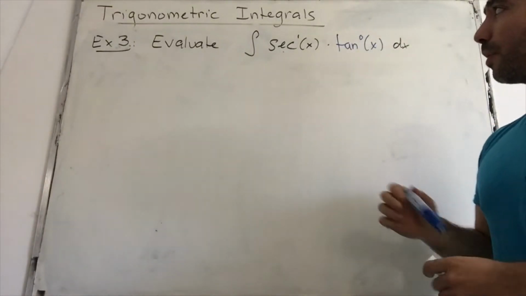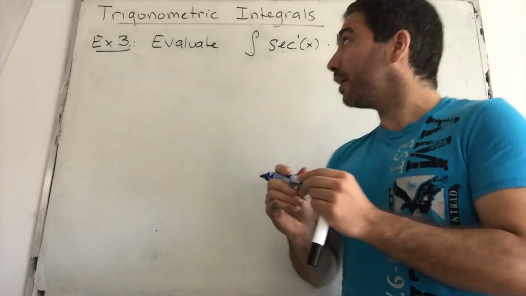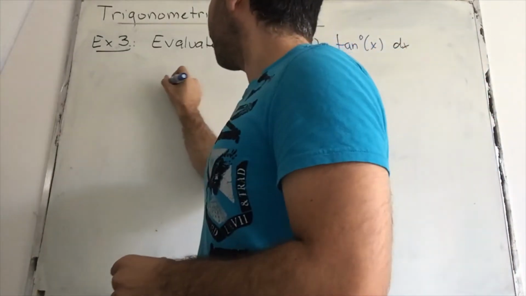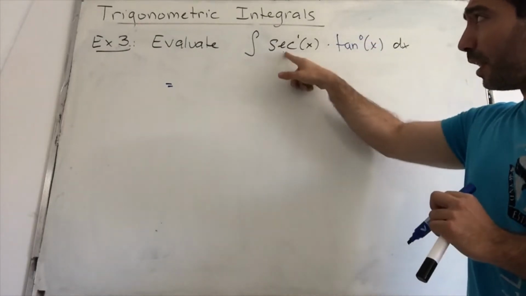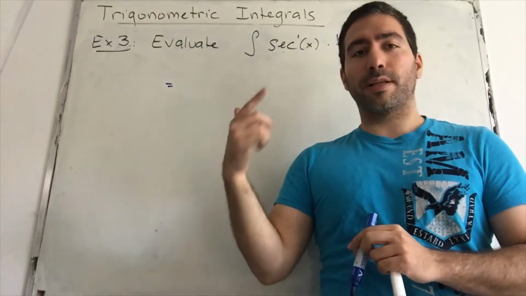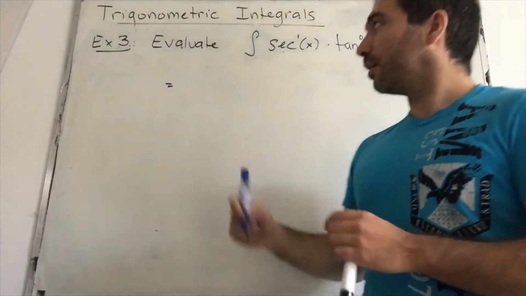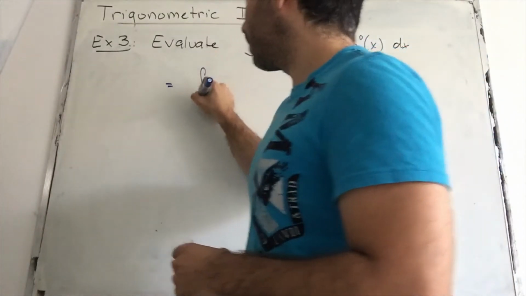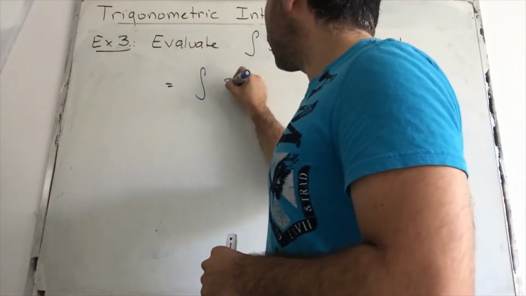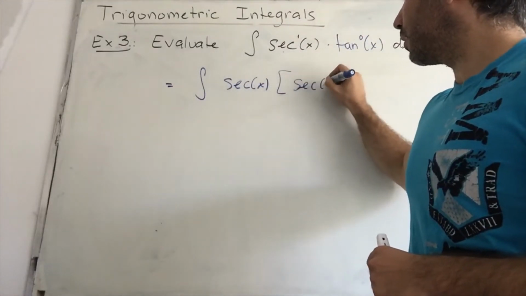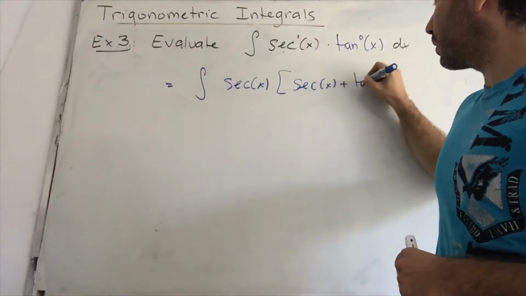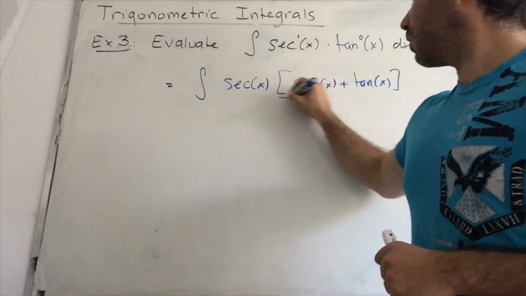In order to solve this problem, the trick here, which ends up working, is to remove the tan 0 of x. But for just the secant, you're going to multiply the top and the bottom by secant plus tan. And this ends up working. Let's see why. So we have secant x, and we're going to multiply it by secant x plus tan x on the top and bottom.